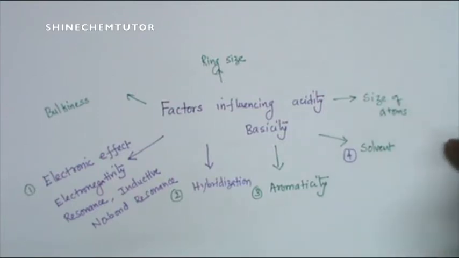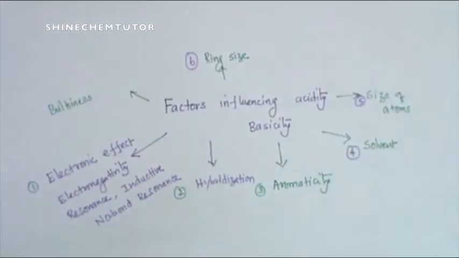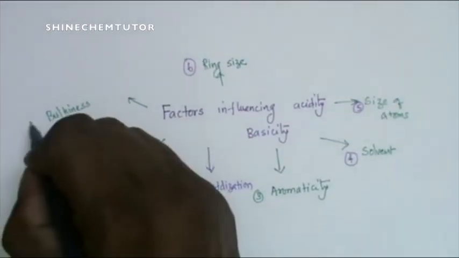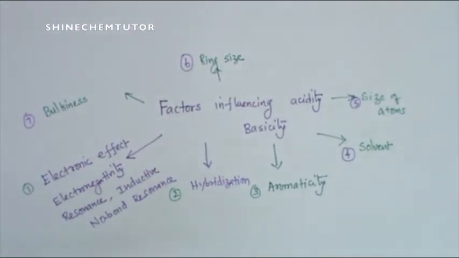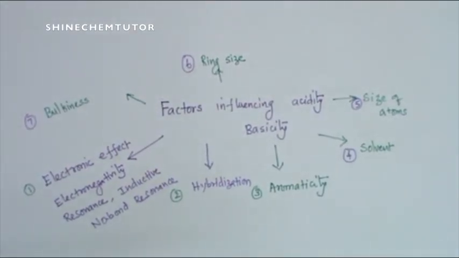Next one, size of atoms. If the size of the atom is big, then the affinity between the proton and atom will be less. Because of that, it will become more acidic. In addition to that, we have also ring size and bulkiness of the molecule. So they also can contribute to the acidity as well as basicity.